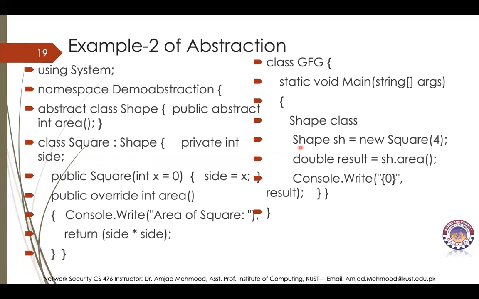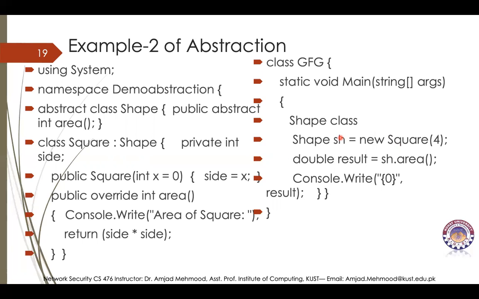Here we are taking Shape as a type, our parent class. Here we are not making the object of this class. We are making the object of Square. Once this object is made, we assign it to this sh, which is of Shape class. So we are taking Shape as a reference.